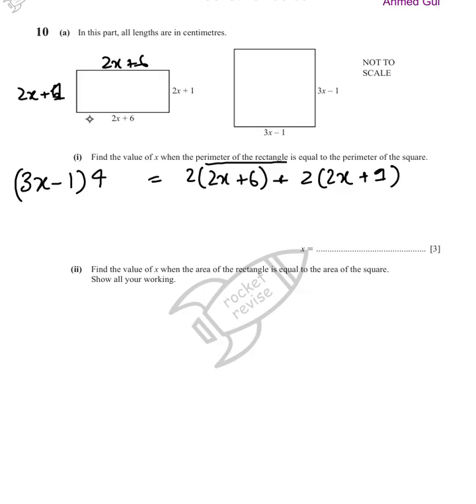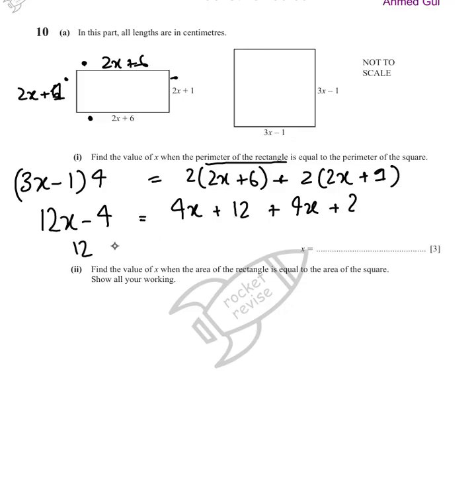On the other hand, for the rectangle, we have 2x plus 6 as one side, as two sides basically. So this side and this side, we'll multiply that by 2. And 2x plus 1 will be multiplied by 2 because two sides have a length equivalent to 2x plus 1. Okay, now let's solve it. 12x minus 4 equals 4x plus 12 plus 4x plus 2.